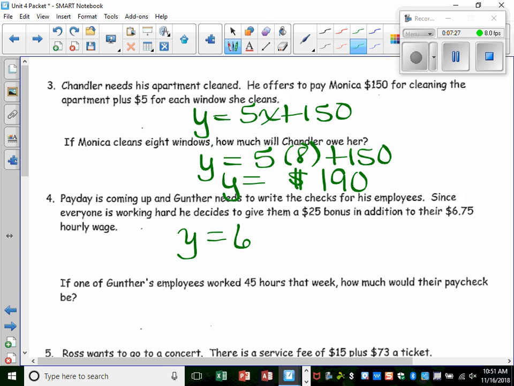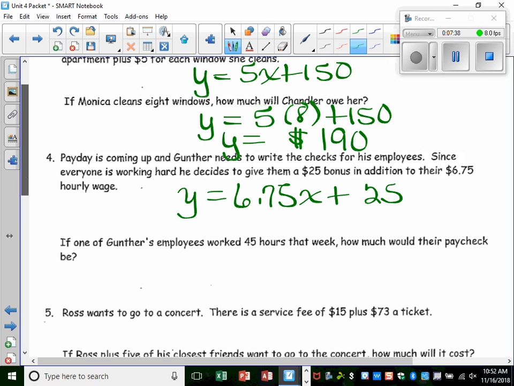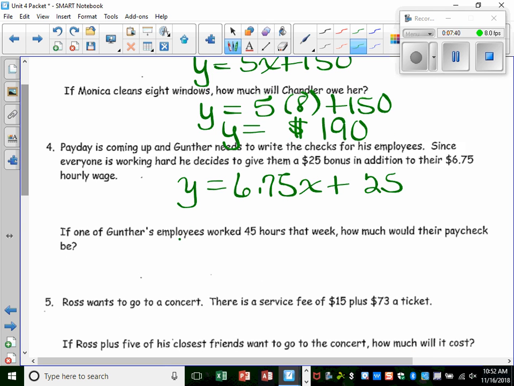All right, 6.75x plus how much? Plus 25. Very good. So if one of Gunther's employees worked 45 hours that week, how much will their paycheck be? So we're going to say 6.75 times the 45 plus the $25 bonus.